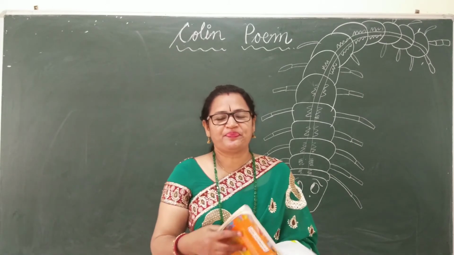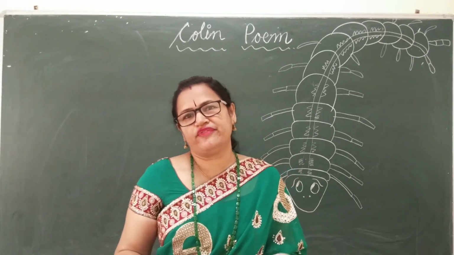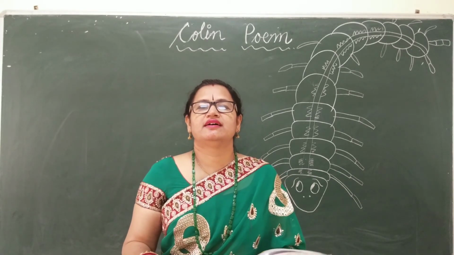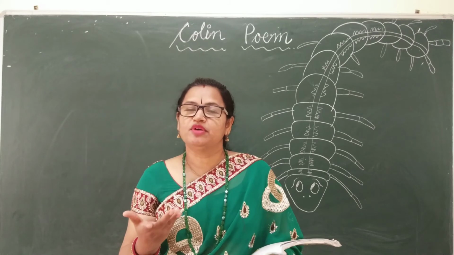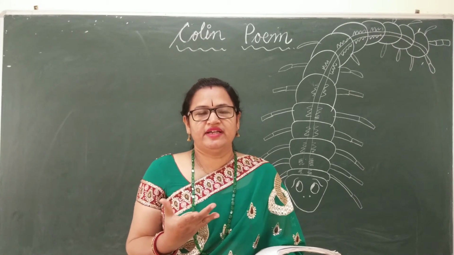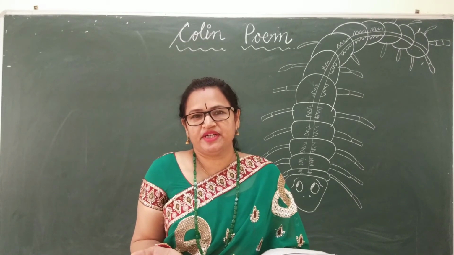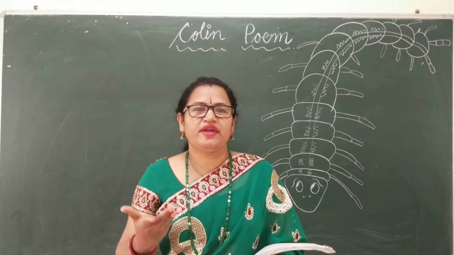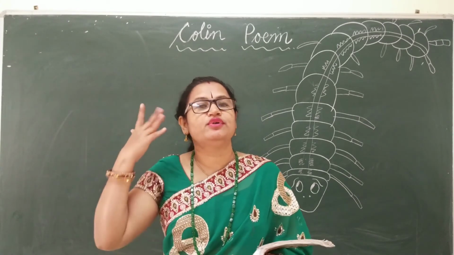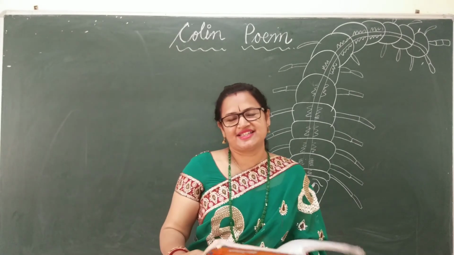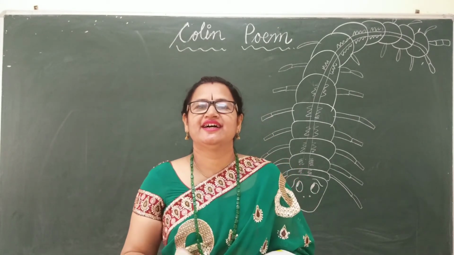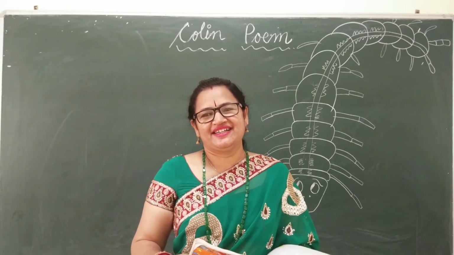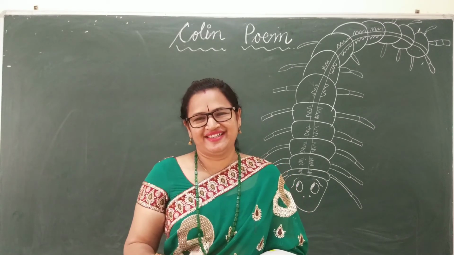So this is the imagination of the poet Peter Dixon, that there is a centipede named Colin. He is scared of centipedes, so he thought that maybe when all are sleeping, whenever he hears some tapping sound, he considered that this is the sound of Colin's fractured legs, and he is a little scared of it.